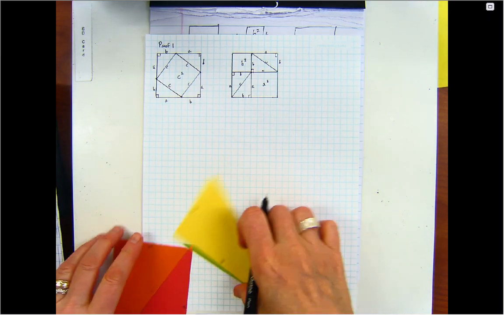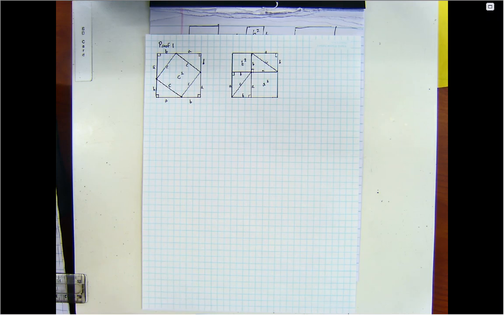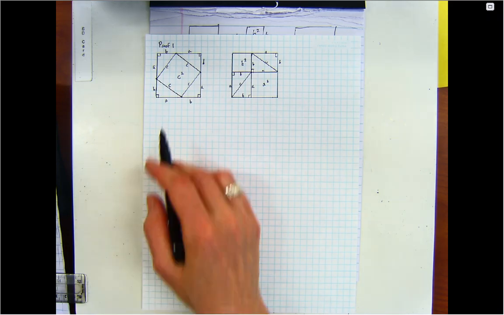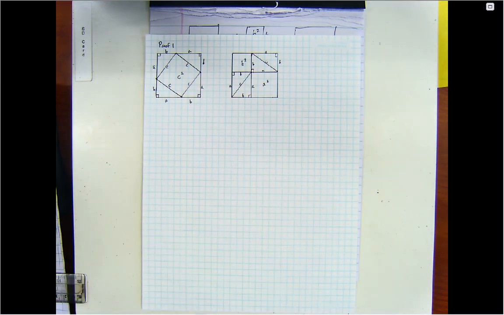So this proof begins with two drawings that we have, both of them made out of 4 right triangles and then some empty space making up squares. C squared over here, a squared and b squared over there. Now what can you notice about these two triangles? I mean, did I just say triangles?